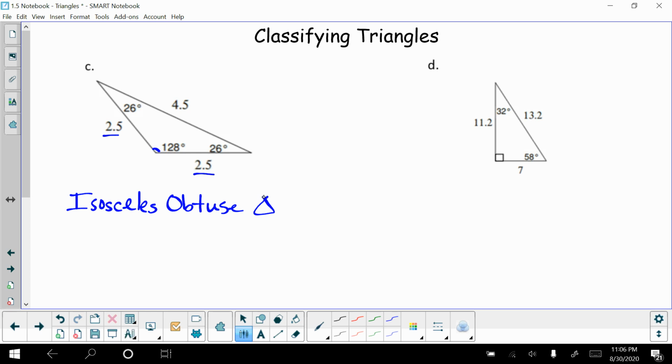We want to give both of those names. Over here to the right, we have a right triangle, and it looks like all three sides are different. So we're going to say scalene right triangle. And if you flip-flop those and say right scalene triangle, it's the same thing. Or obtuse isosceles.